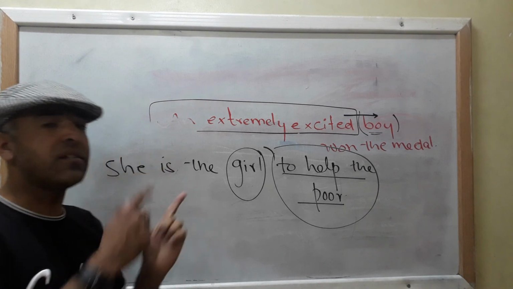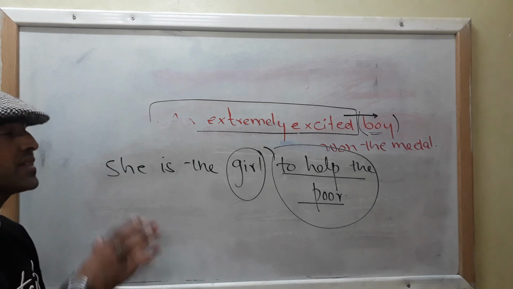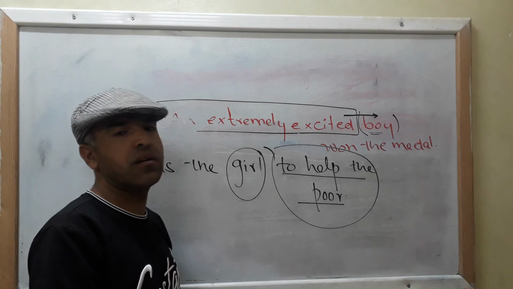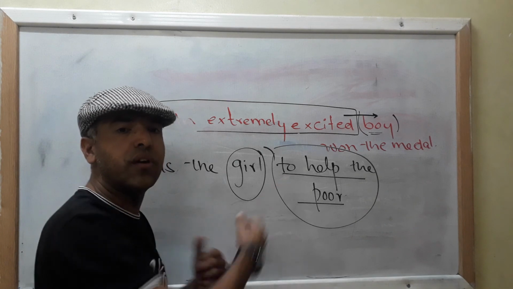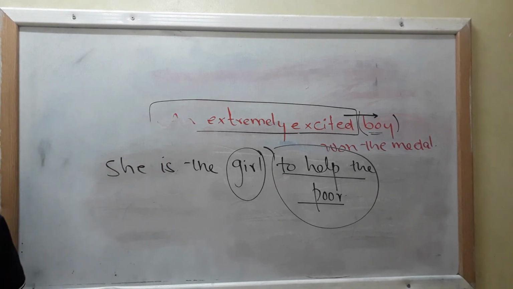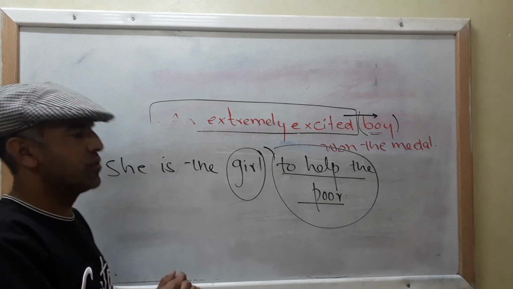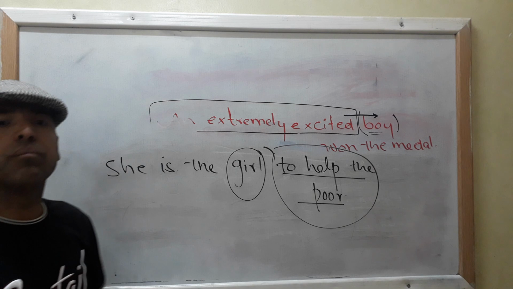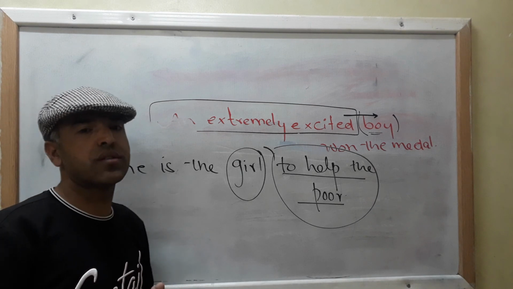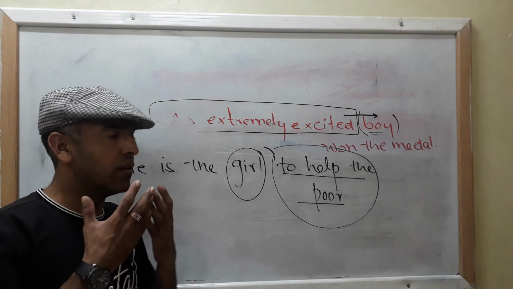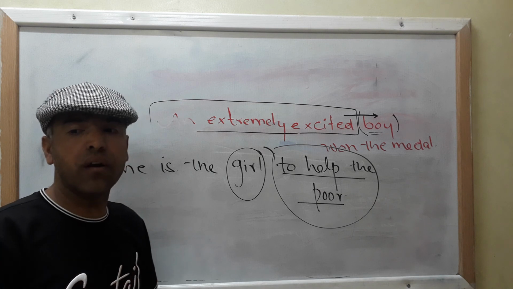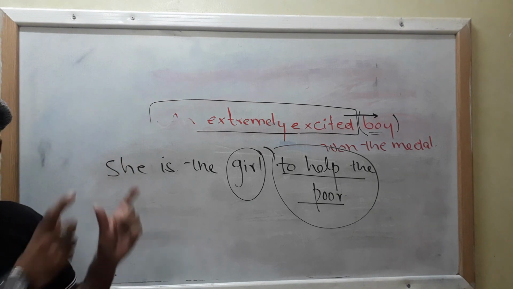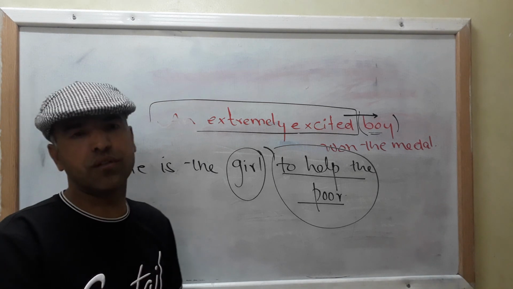In that case, your adjective phrase can begin with a participle, it can begin with an infinitive, or it can start with a preposition. So I have tried my level best to make you understand the concept thoroughly, and I hope that you would have grasped the central idea of today's topic.